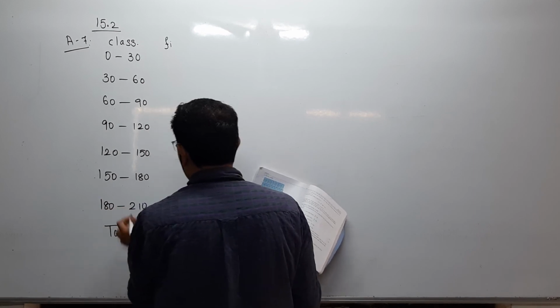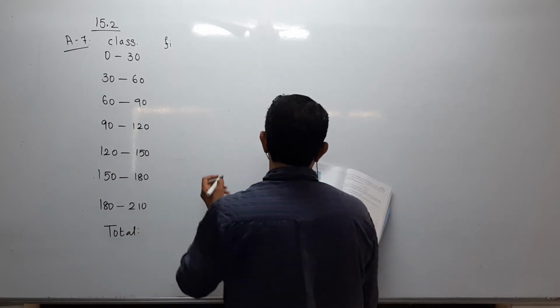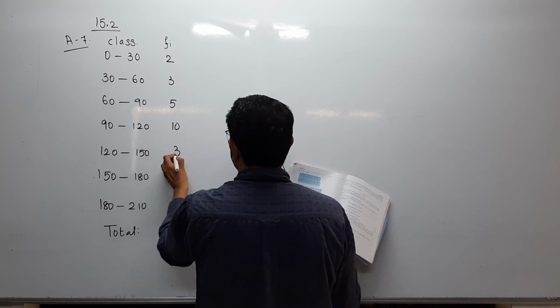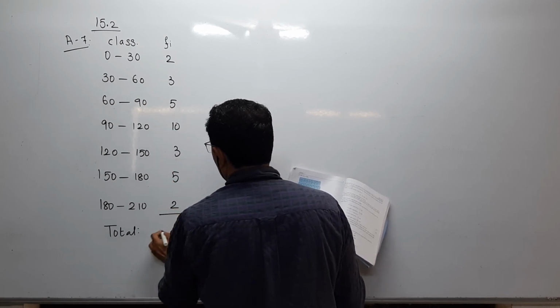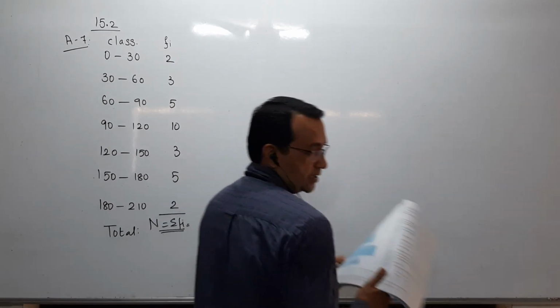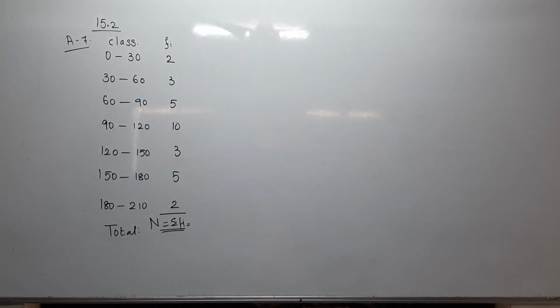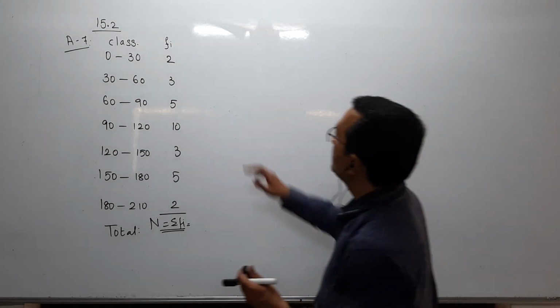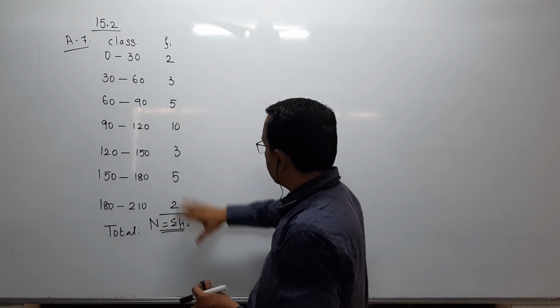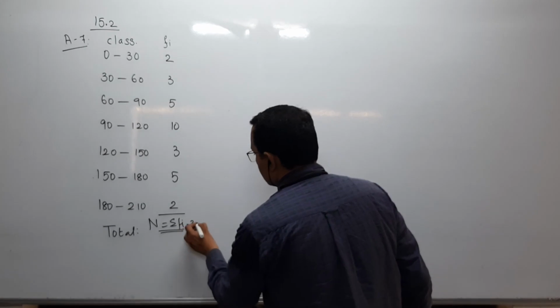Frequencies are 2, 3, 5, 10, 3, 5 and 2. So if I total the frequency, let us check. 5 and 5, 10 plus 10, 20 and again 10. So total of frequency is 30.